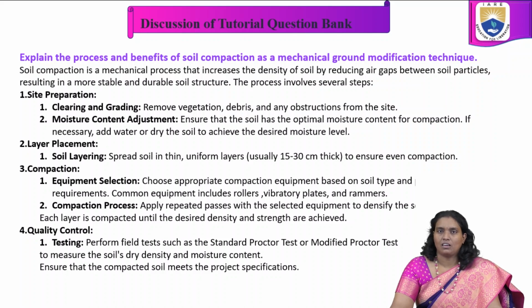In this alteration process, different subcategories are there. Mechanical modification is one sort of modification of soil, altering its properties to get the desired properties as per the requirement of the project work.